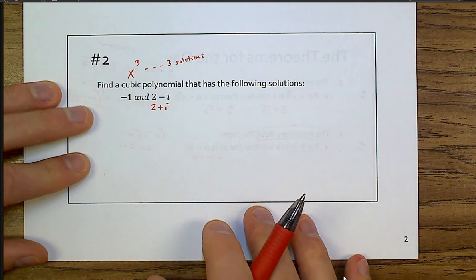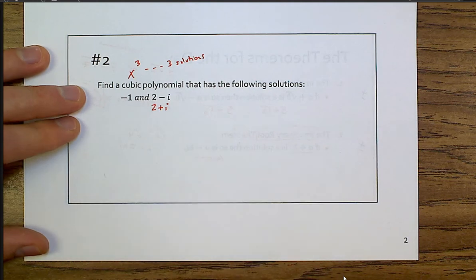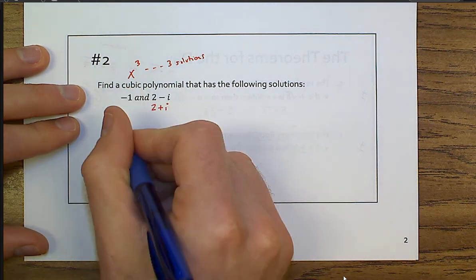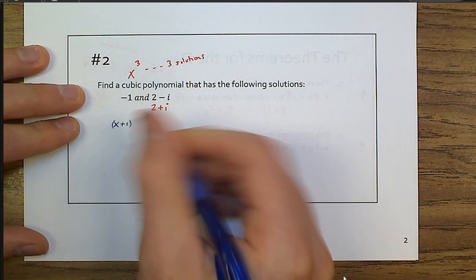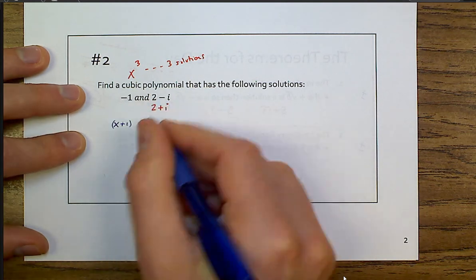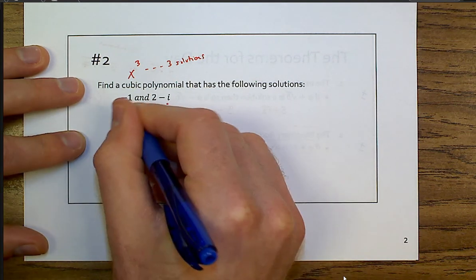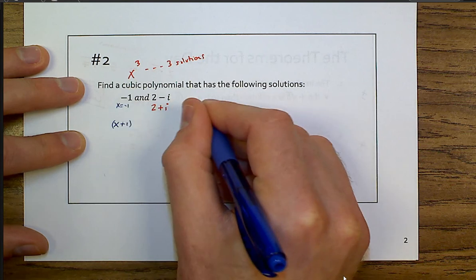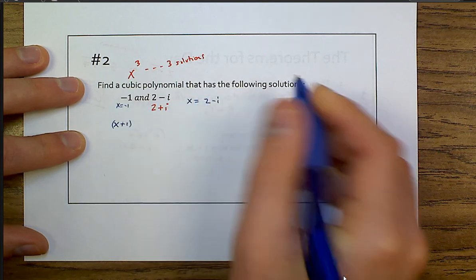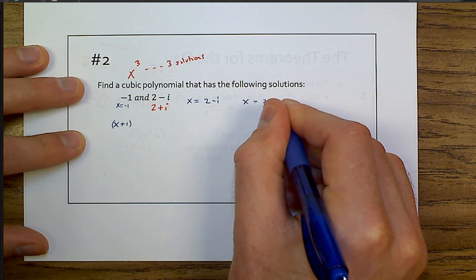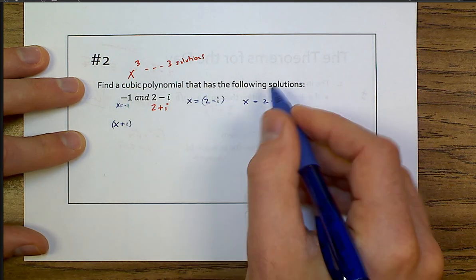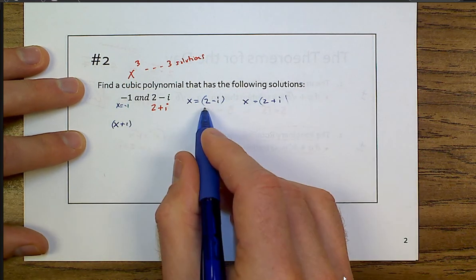So I'm going to work this backwards, right? I'm going to write this as a factor, so that's going to be x plus 1. Now this is where it gets a little tricky, right? This is really x equals negative 1. I have x equals 2 minus i, and I have x equals 2 plus i. Well, basically what I want to do is subtract this to the other side.